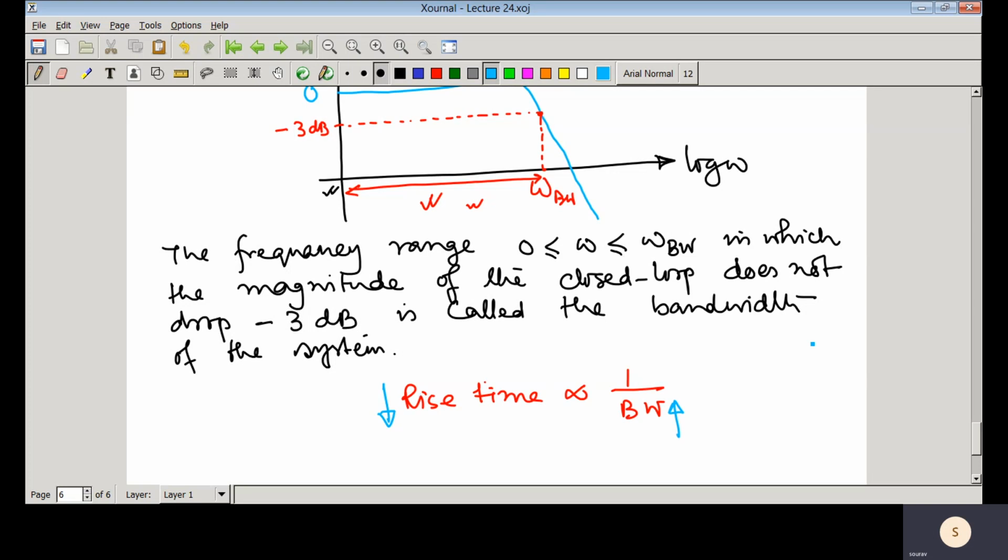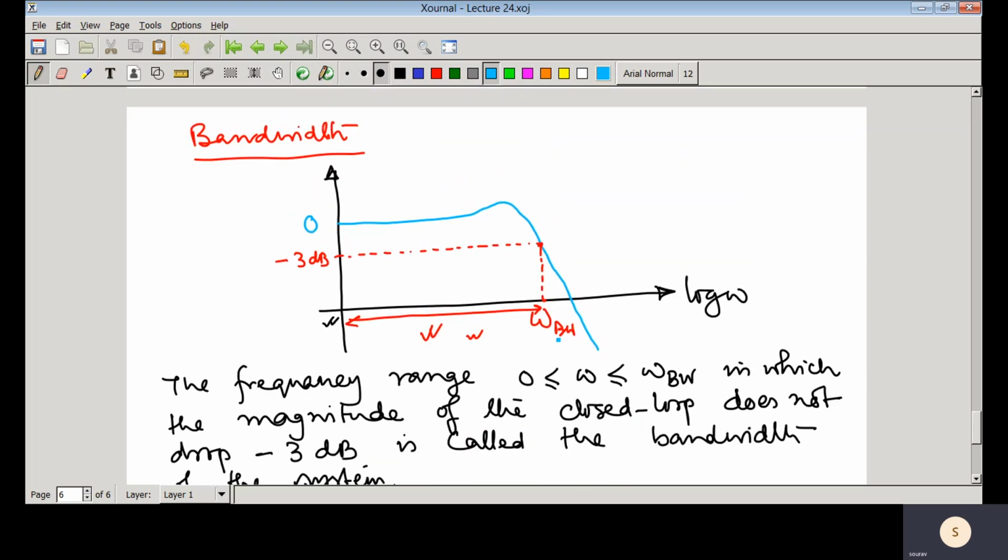And here we can also see that whenever the bandwidth is increased, this is the -3 dB line. If we increase the gain, this plot would be shifting like this, and this one would be the -3 dB line, and we can see that the range WB is increasing.